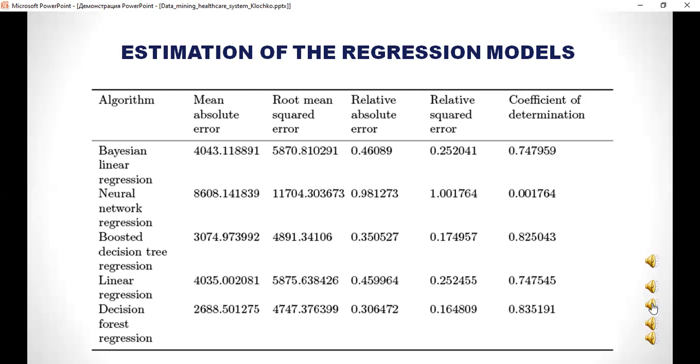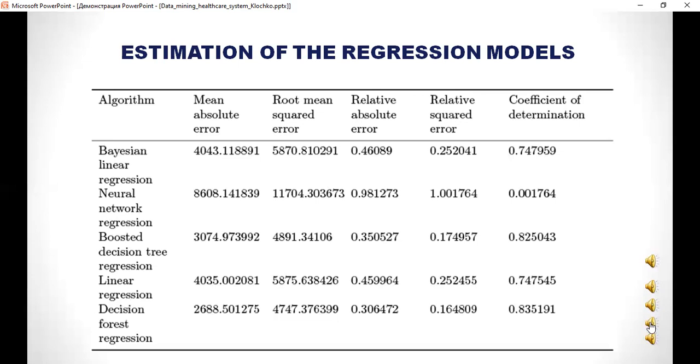The worst value is the result of the neural network regression, 11,604.3, among the data estimate of the RMSE indicator.